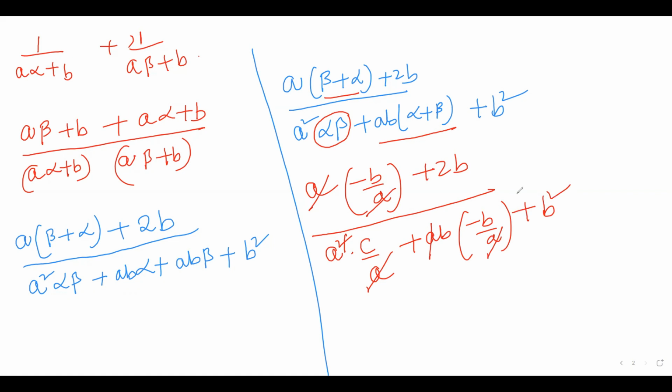Slowly we are heading towards our answer. After cancellation of A's, minus b will remain. Minus b plus 2b is remaining in the numerator. A square cancels, AC.